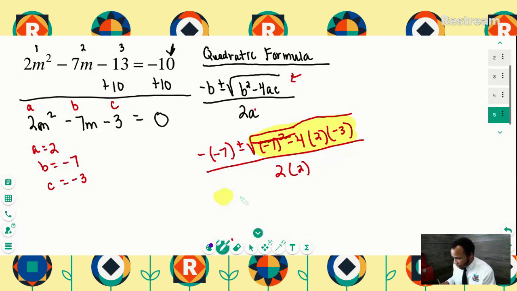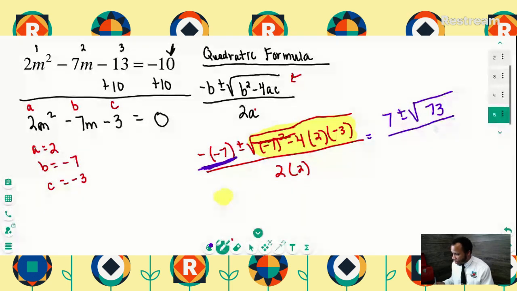Then on the outside, we'll go ahead and work this first too. The negative of -7 simply means that we're changing this to the opposite. So we have 7 on the outside plus or minus the square root of 73, all over 2 times 2, which gives us 4. And that would be our answer.